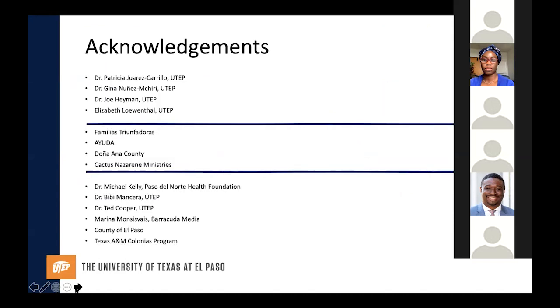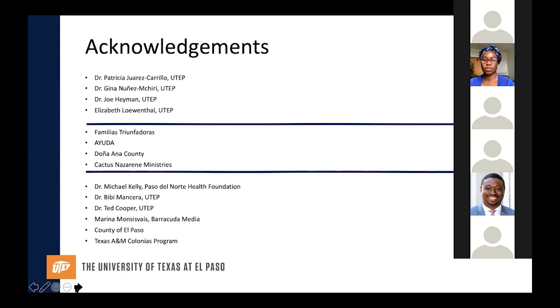And so all our efforts are team-driven, and I would like to acknowledge first the internal team at UTEP for their direction and support. Next, the community organizations we are partnering in order to assist us with the promotora recruitment. And then lastly, the team that has been receptive to us utilizing the messaging.